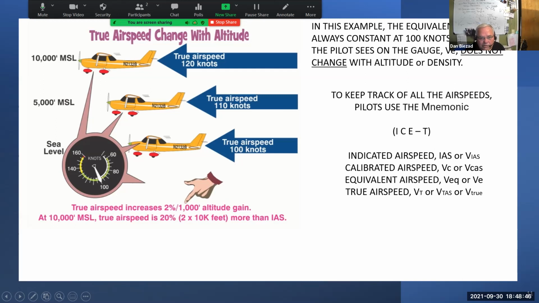They're very small errors, 1 or 2 knots. So as far as we're concerned, indicated, calibrated, equivalent are all the same. They're pressure airspeed, the pressure that it feels. But there's a big conversion, as shown on the left, going to true. So if this airplane stalls at an equivalent airspeed of whatever, it's going to stall at that equivalent airspeed no matter what its altitude is.